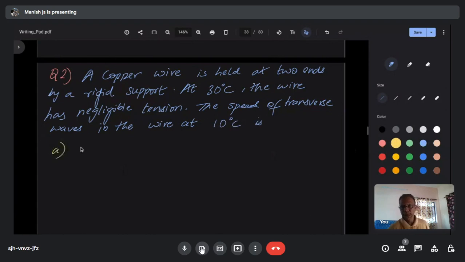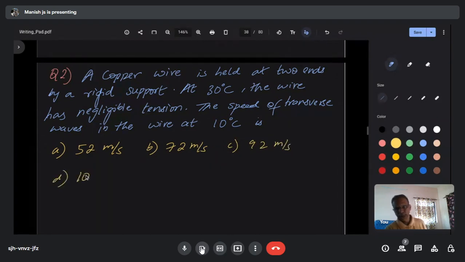Options. Option A, 2 meters per second. B, 72 meters per second. C, 92 meters per second. And D, 102 meters per second. So these are the options. So this also you can try.